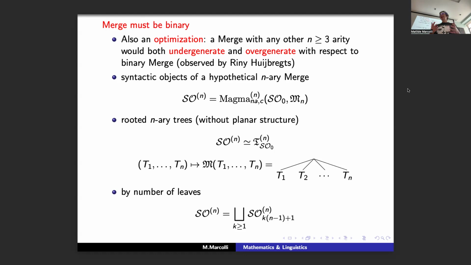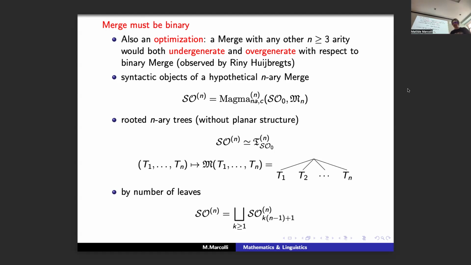Of course, you can argue that binary merge also produces a lot of things that eventually you don't want to have when you specialize to one particular language, but these are things that you don't want to have in any language, which you want to eliminate a priori. But let's suppose that we have an n-ary merge, and let's see how that would work.